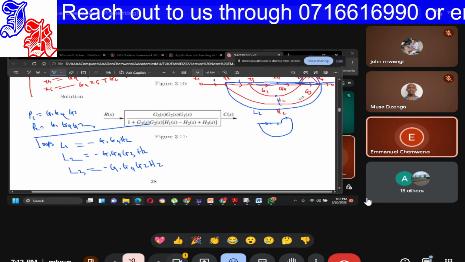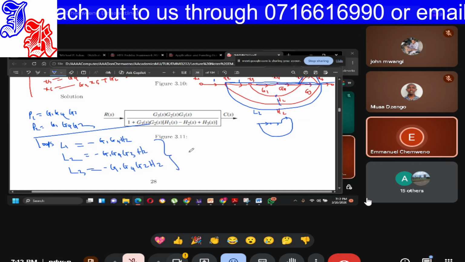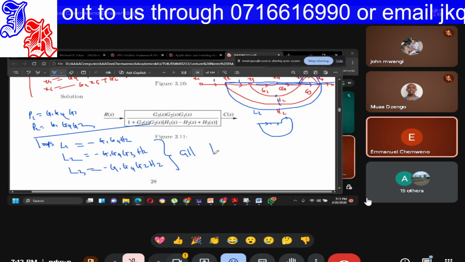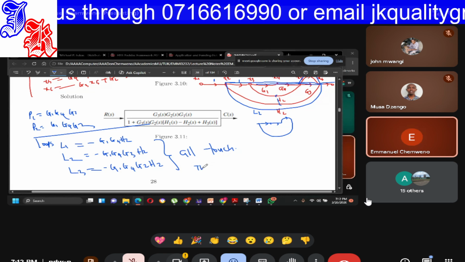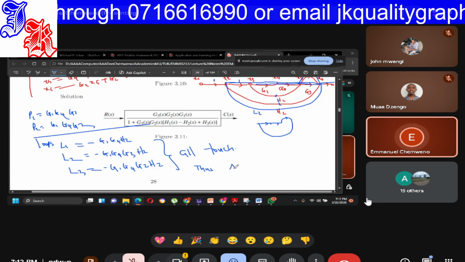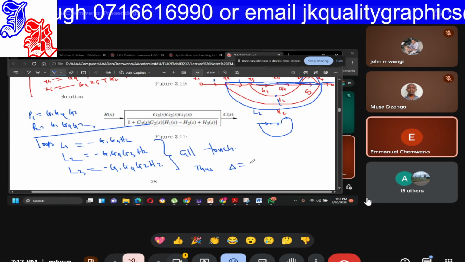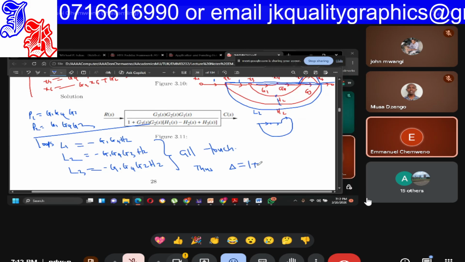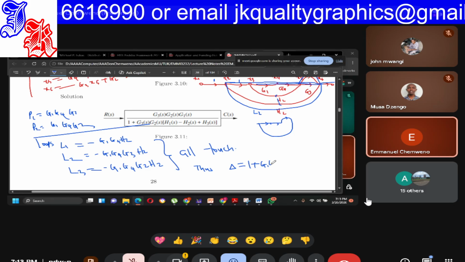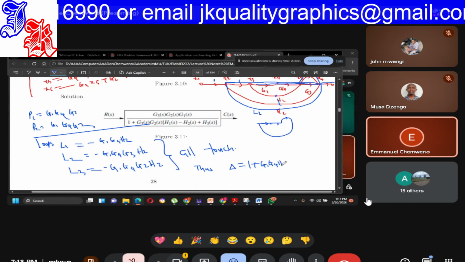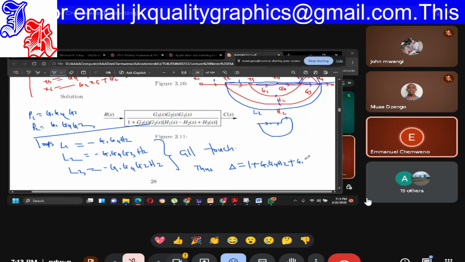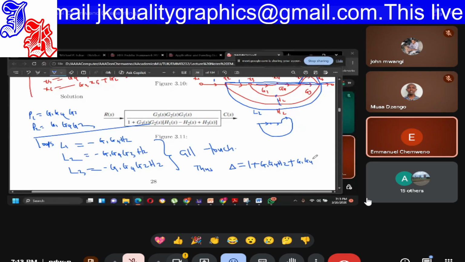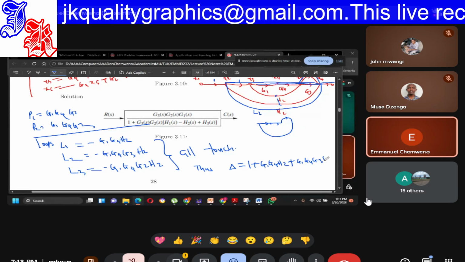It is clear that these three loops all touch. Thus, determinant is equal to 1 plus G1, G4, H2 plus this G1, G4, G3, H2.